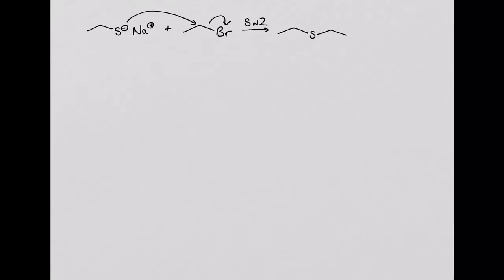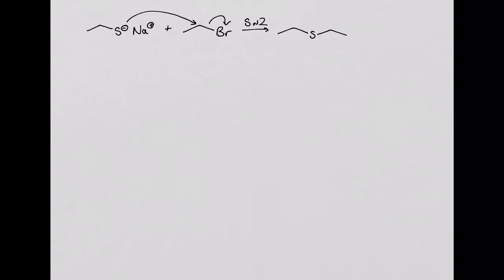Remember that the Williamson ether synthesis with oxygen-containing nucleophiles does not work well with secondary substrates, and of course, SN2 reactions never occur with tertiary substrates. However, because thiolates are better nucleophiles than the alkoxide ion and are less basic, they can perform an SN2 reaction with a secondary substrate.